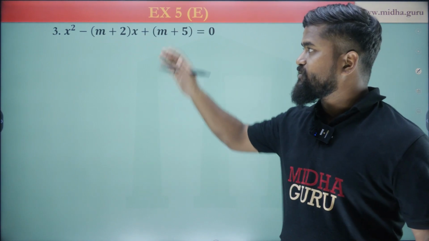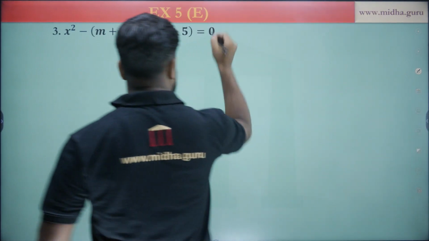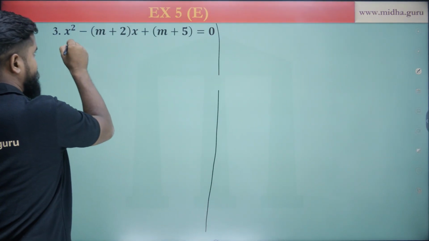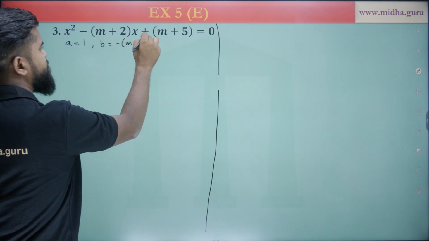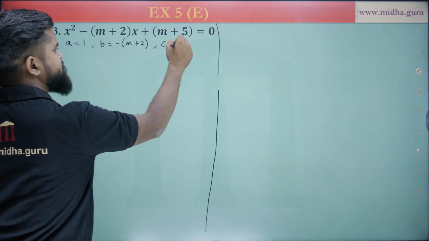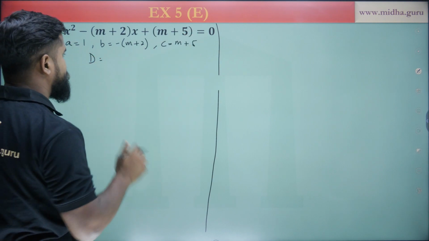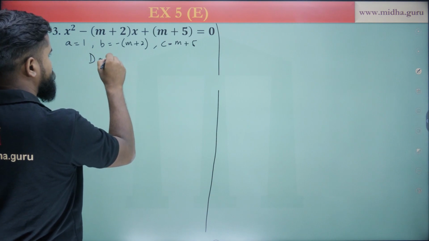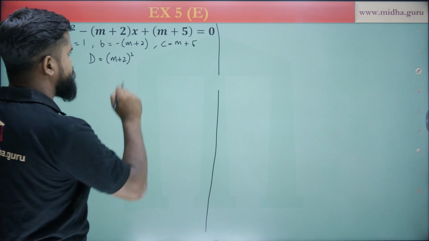So the next part says x squared minus (m plus 2)x plus (m plus 5) is equal to 0. Again, we take the values of a, b and c. Calculate the discriminant and we know that it is going to be 0. So what we do is b squared, which will be (m plus 2) whole squared, since minus (m plus 2) and (m plus 2) whole squared will give us the same answer.